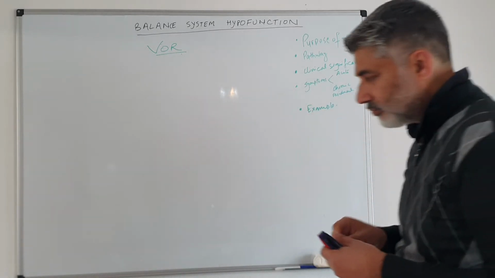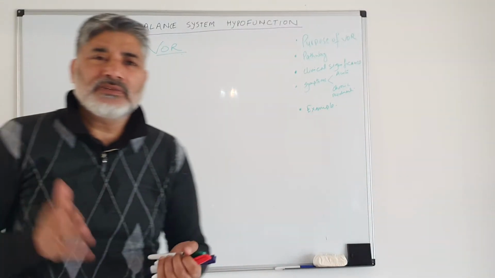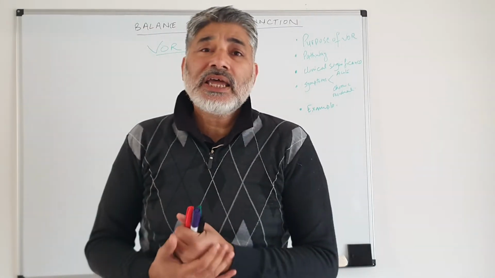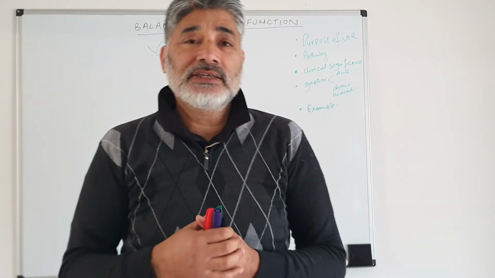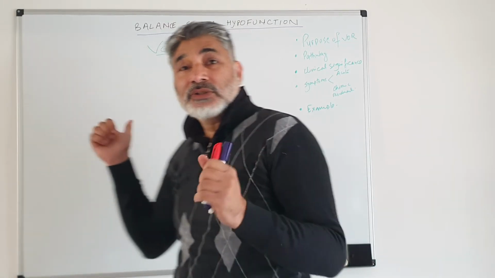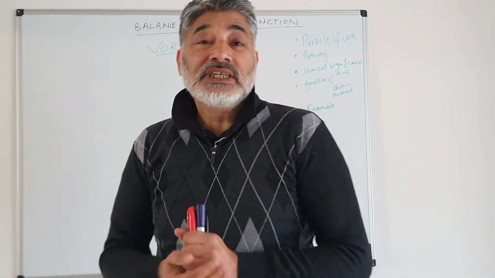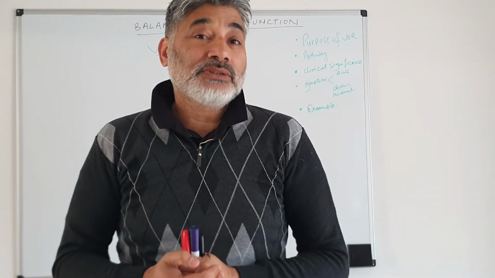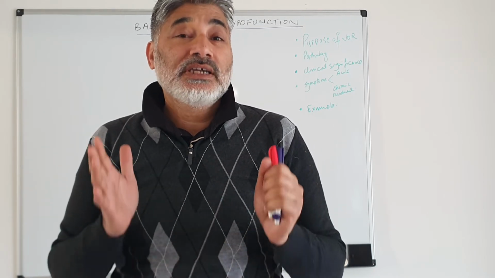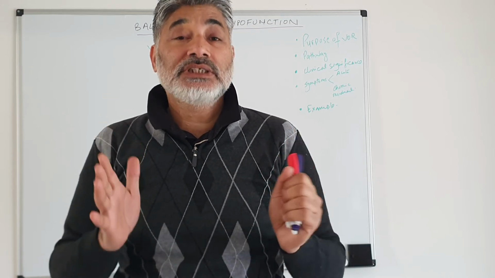When I speak about VOR, you need to understand what this reflex is. The entire purpose of this reflex is that when the head is moved in a direction, right or left, because of this reflex there is a compensatory eye movement opposite to the head movement, and that compensatory eye movement is responsible for a steady, accurate image of the seen world.